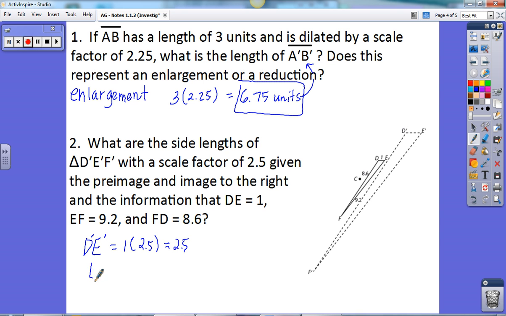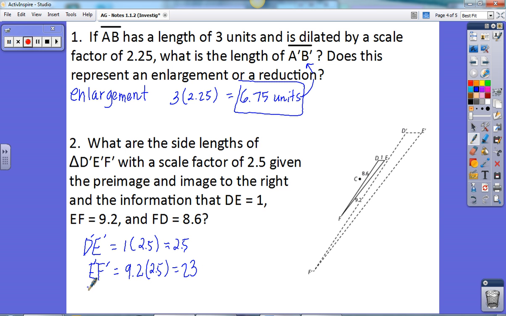And then I have EF. So to get E prime F prime, I'm going to take 9.2 and multiply that by 2.5. Then I get 23.